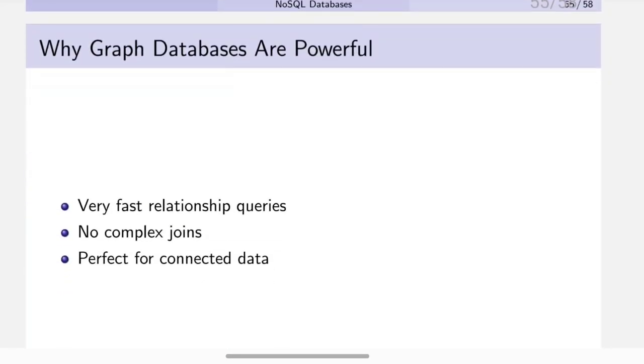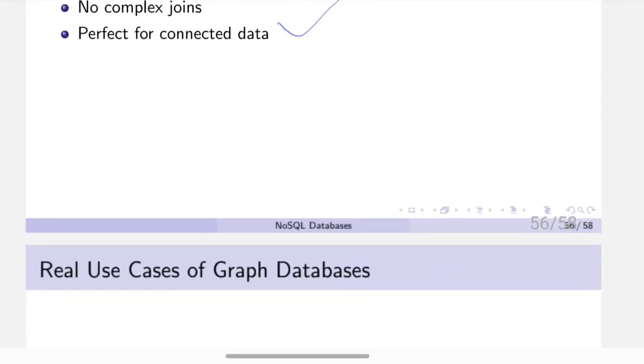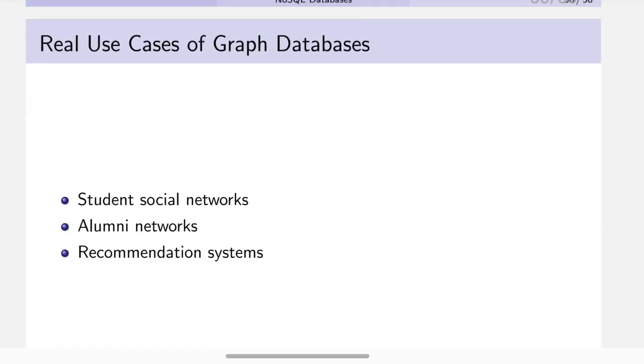So why are graph databases powerful? They are very fast for finding relationships without complex SQL joins. They are very fast for finding relationships between the students. So perfect for connected data. That is the graph databases' advantage. Some real use cases have been provided here, which are used in social network analysis or student social networks, so which student is connected to which student, and even alumni networks for getting placements.